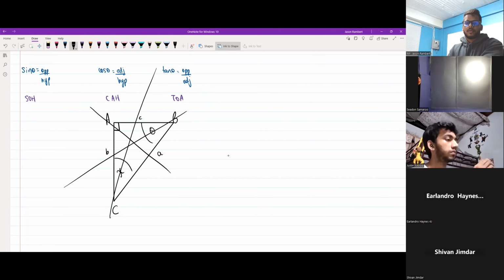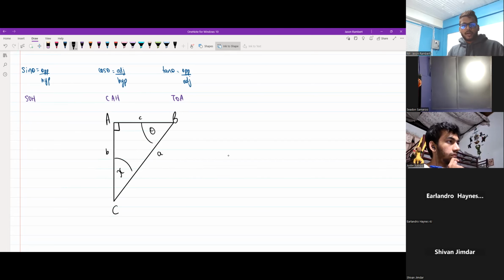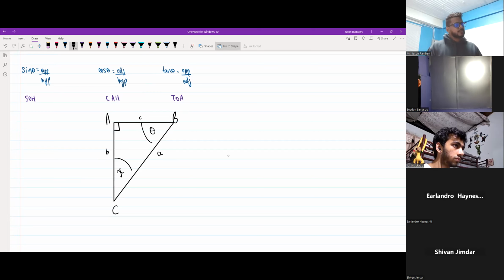The same concept applies if the vertices are labeled P, Q, R. We just use little p, q, and r to represent the sides opposite the big letters. You don't have to do it, but it makes life a little easier.